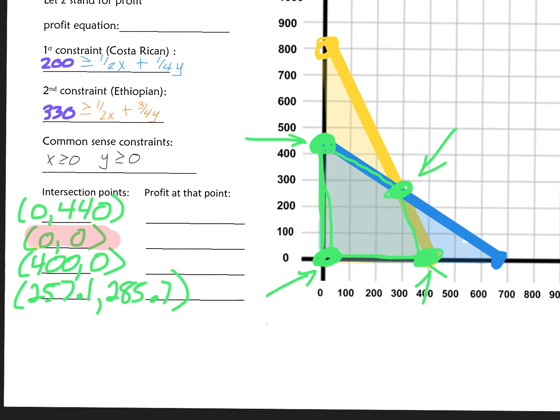Maybe he doesn't sell any of the house blend and he only sells 440 of the exotic because that's more expensive. Maybe that maximizes his profit. Maybe it's here. Maybe it's here. So how do we go about figuring out mathematically which one it is?